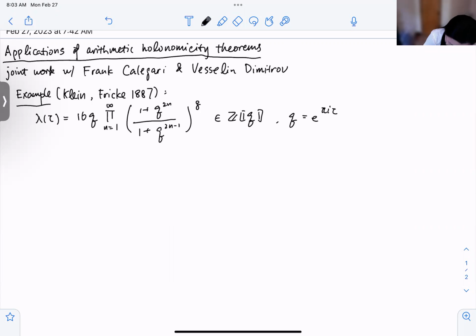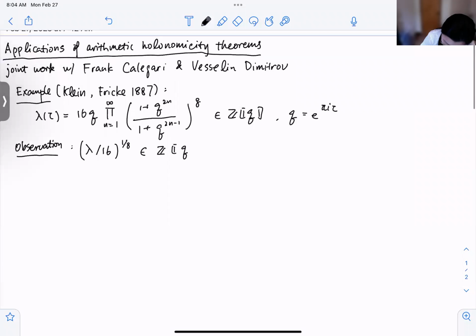And then let me just give a simple observation. The first one is really just unwinding the definition: I'll put the 16 out just for ease of notation. If we take the eighth root, then we see that the power series will still have Z coefficients in the q-expansion.